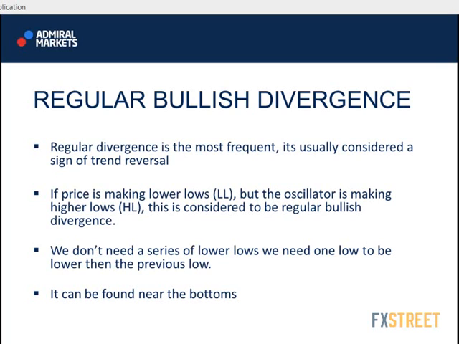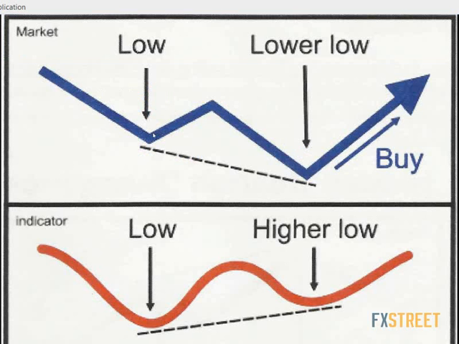I will show you examples later, but memorize this. So this is the price, this is the indicator. The price has made and closed with a new low, but the indicator made a higher low.